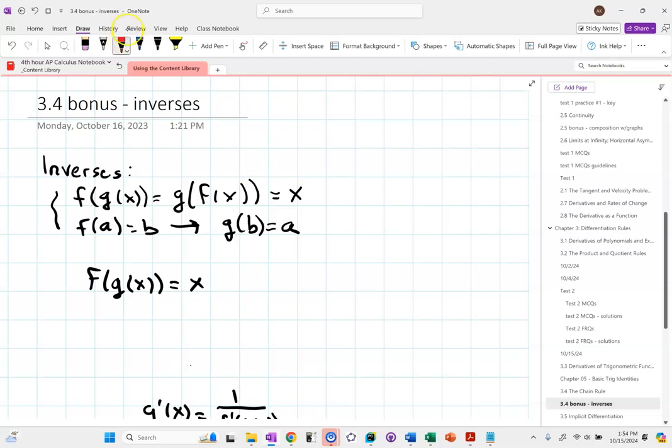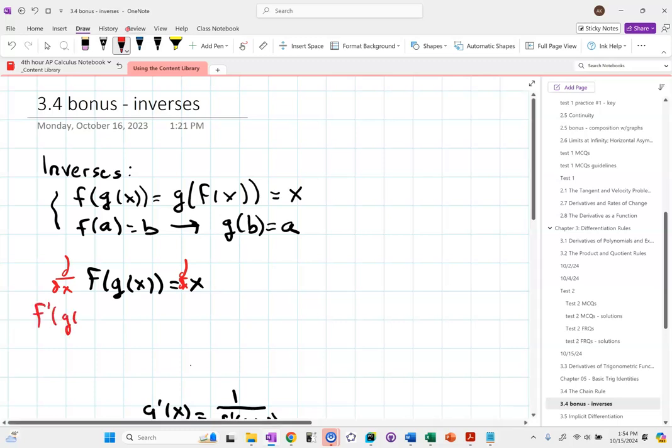So let's say that I have the function, then f of g of x is equal to x, right? If I take the derivative of both sides of this, well, the derivative of f composed with g is just the chain rule. So it's the derivative of the outside times the derivative of the inside, and that'll equal 1.